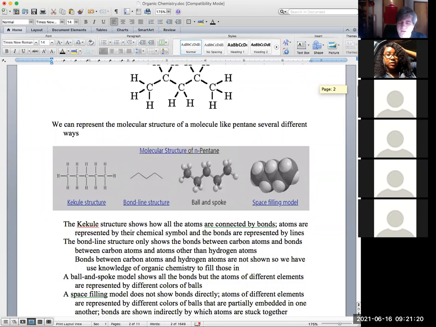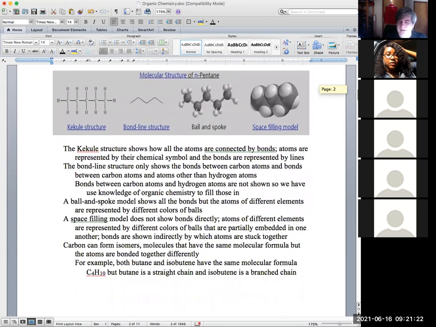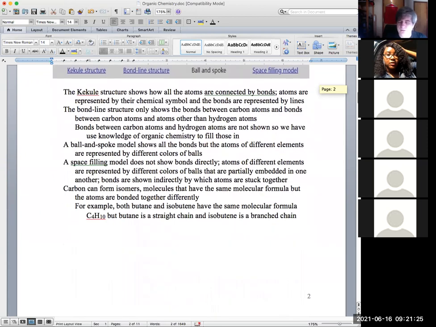So what are some other important reasons why carbon is important? Well, carbon can form some things called isomers. And whenever you see iso, it means the same. Back in geometry, there was something called isosceles triangles that had 2 angles that were the same and 2 sides that were the same.